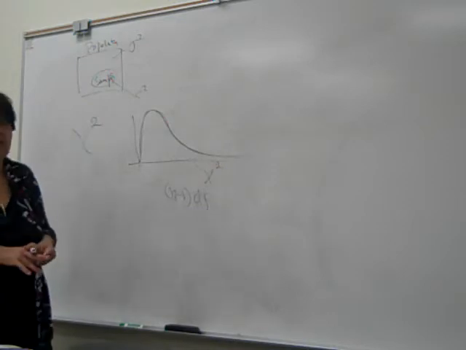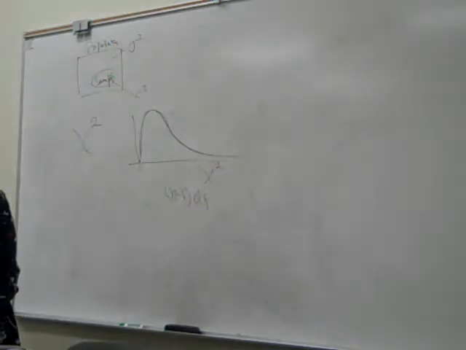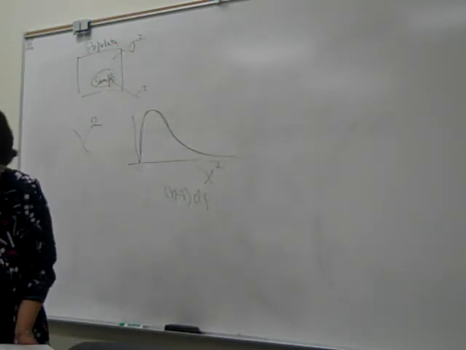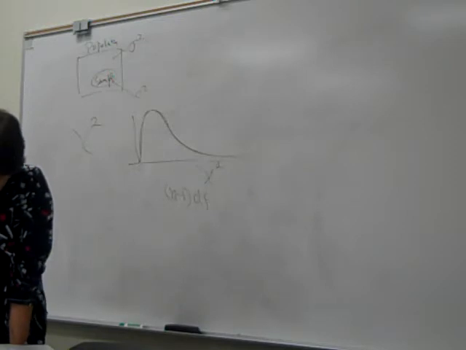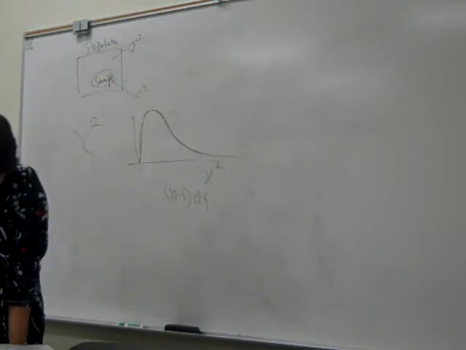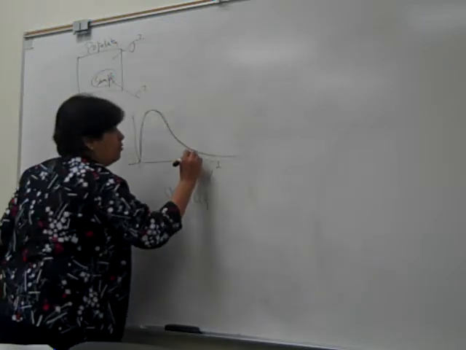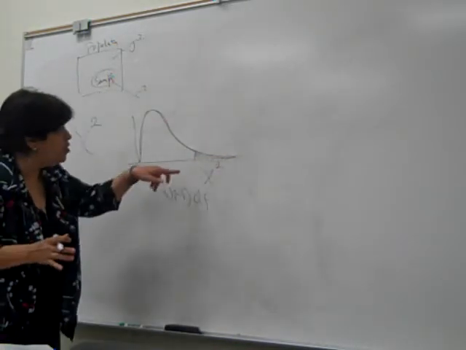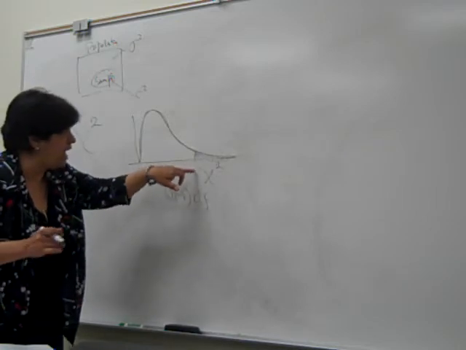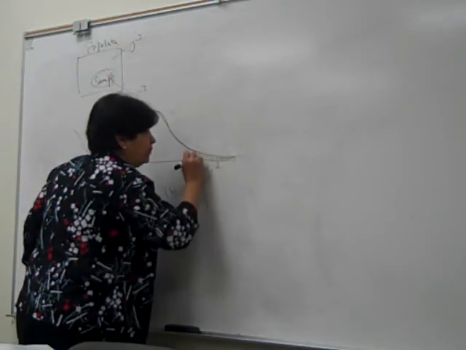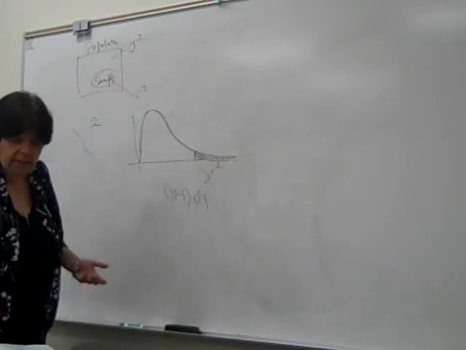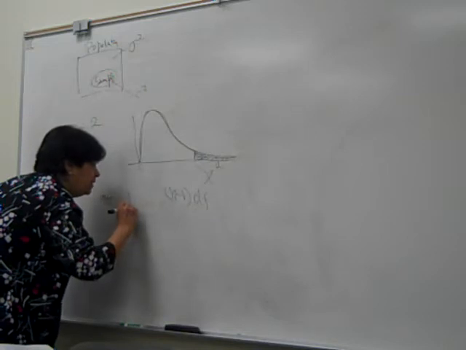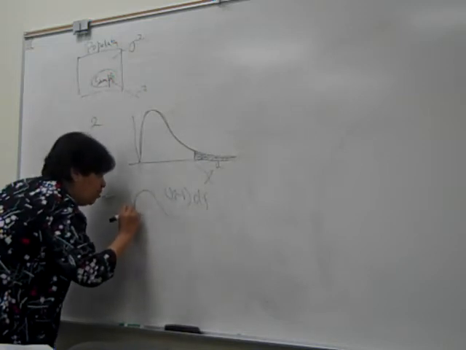Okay, we have a table in your book, it's appendix B on page 983, and it's going to tell you what is the area over here, okay? And it's going to give you the exact number over here. And we have what? 0.995, that means the right tail over here.